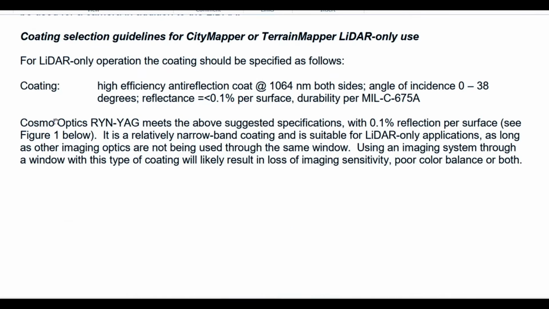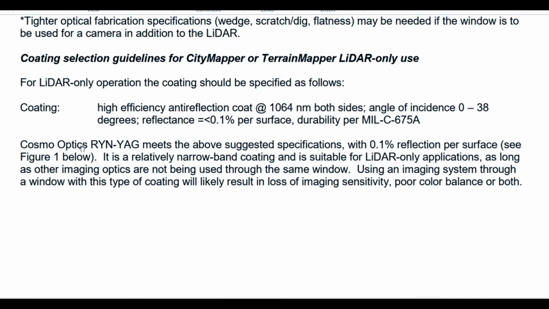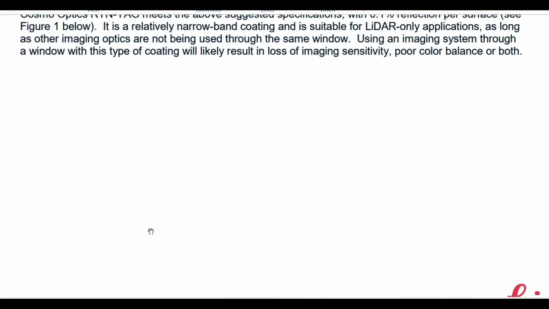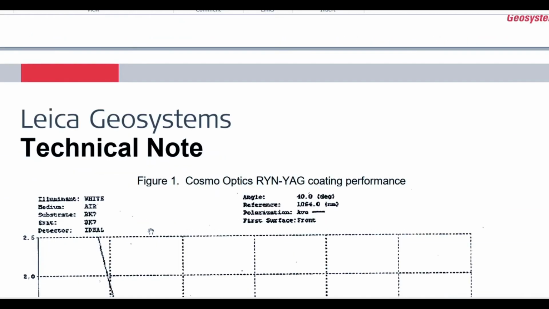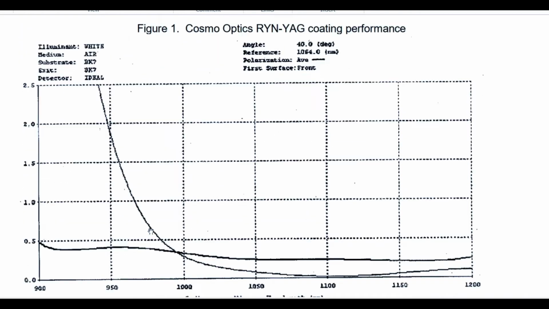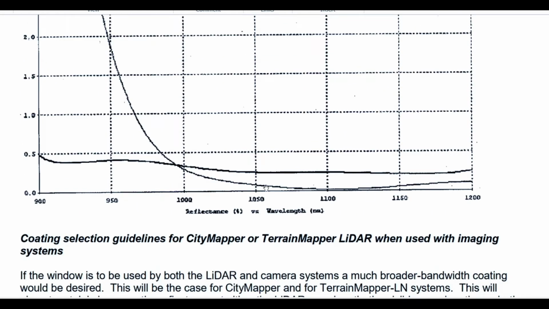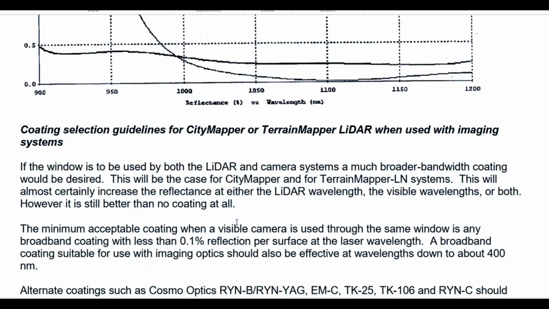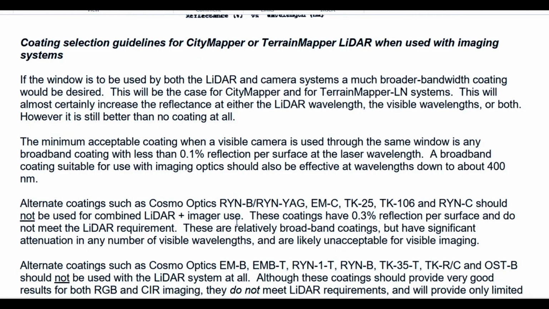I think Cosmo Optic is one of the most known, as there are not too many optical glass manufacturers for pressurized aircraft. It's in the US or in Canada. Here is some diagram about wavelength and white lines.